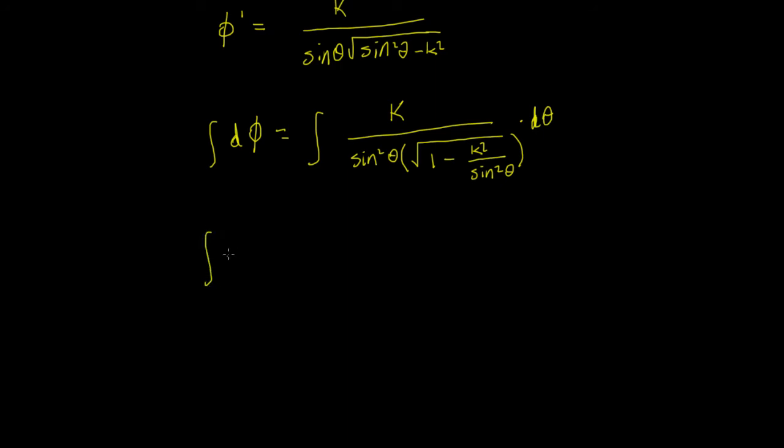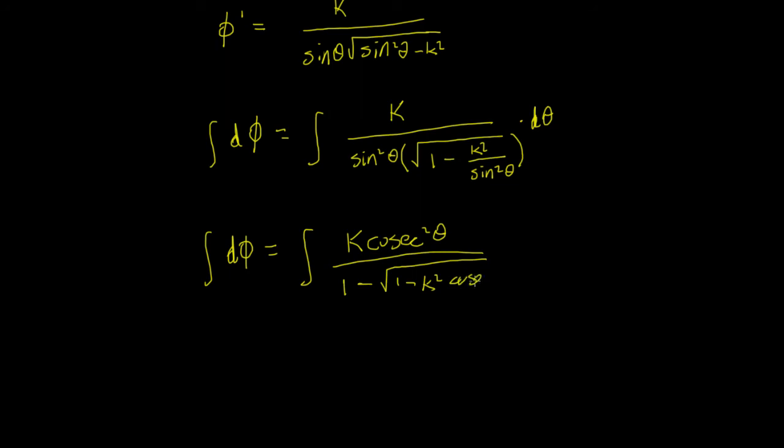So we'll have integral d phi equals the integral of k, and this 1 upon sine squared, we'll call that cosec squared theta upon, that's going to be the root of 1 minus k squared cosec squared theta by d theta.